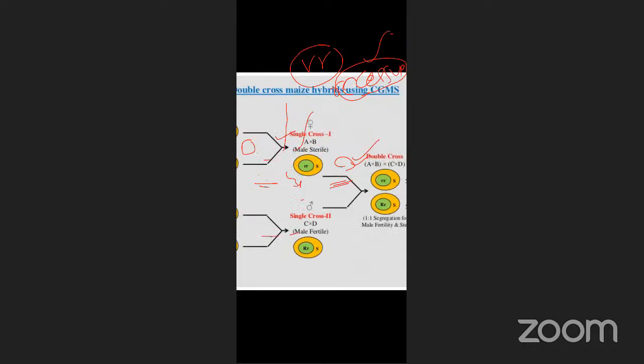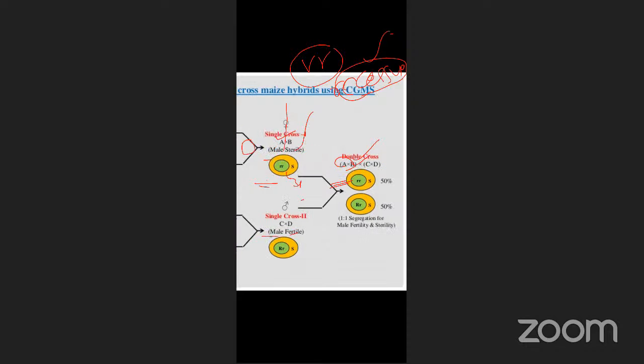Then in the next generation, when male fertile AB and CD are crossed, in this situation 50% fertile and 50% sterile are obtained. So in this inheritance, sterile character 50% and fertile character 50%. This is the process of cytoplasmic inheritance.